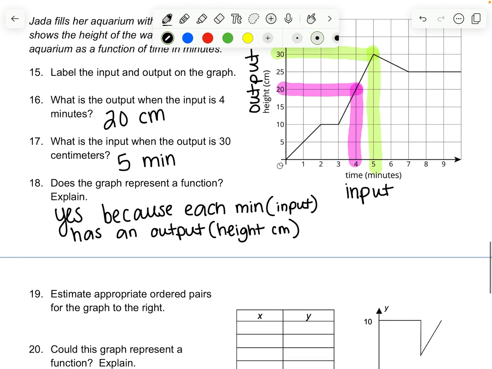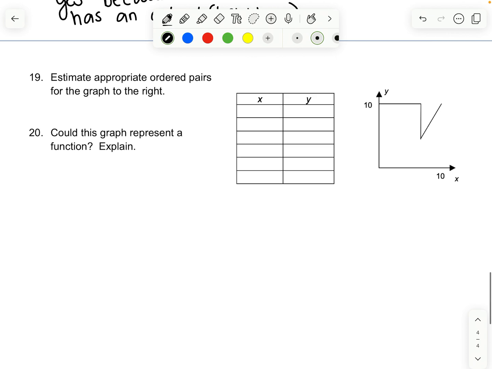Okay, last two questions. Number 19, estimate appropriate ordered pairs for the graph to the right. It looks like only 10 on my y-axis and x-axis are labeled, so I'm roughly going to have to estimate. I know that 0 is always in the bottom left-hand corner, so I'm going to put a 0 there.